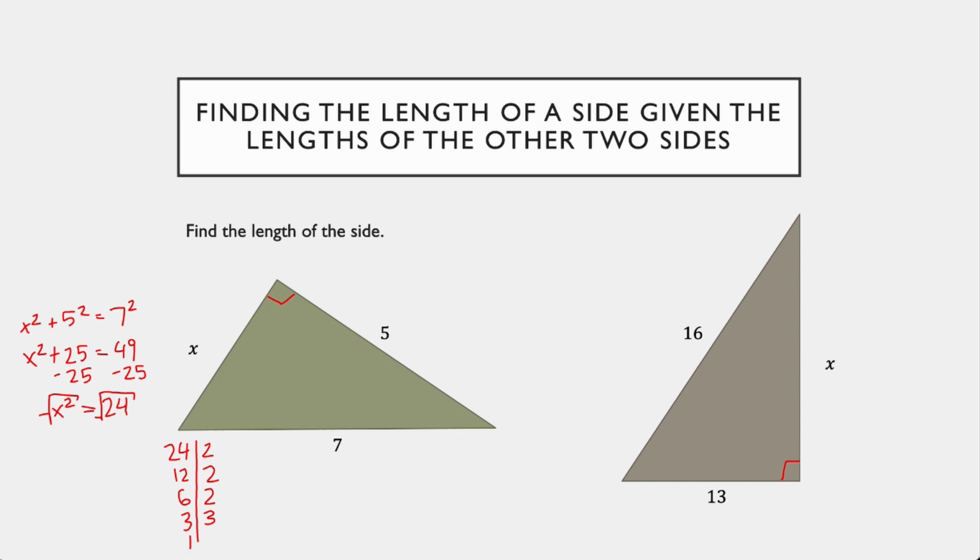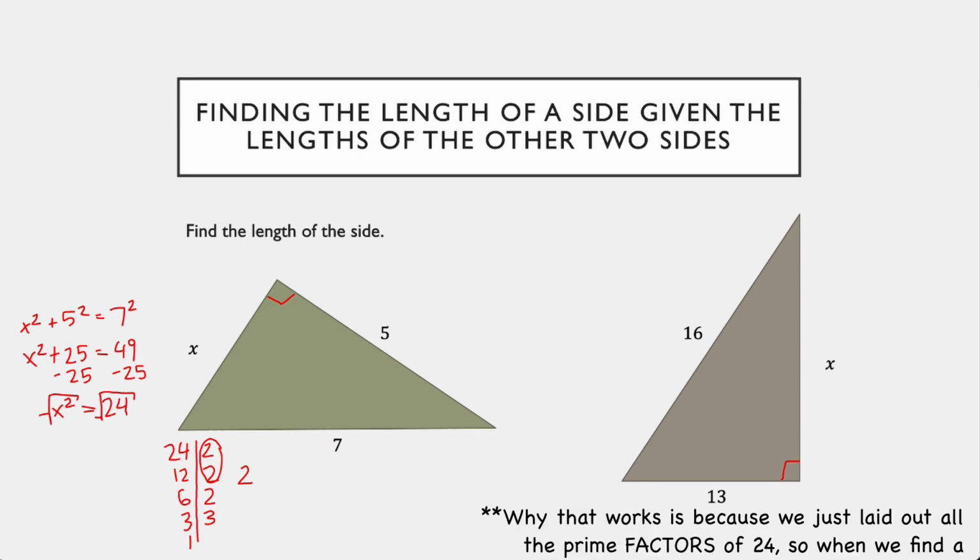So again, we're looking for pairs, and we can see that we have a pair of 2 right here. Okay, we can take that out and put a 2 outside, because 2 times 2 is equal to 4, and when you take the root of 4, or the principal root, you get 2.